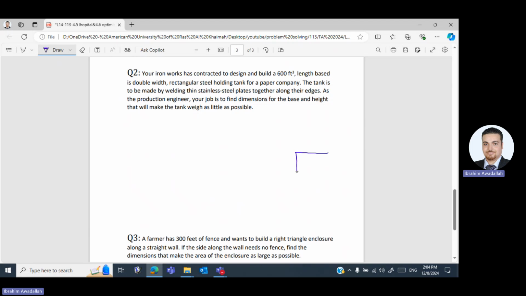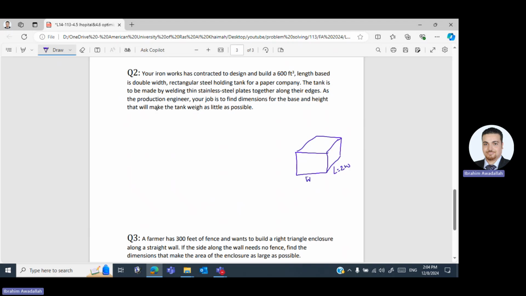This is the length, let's say this is the width W, and the length is equal to 2W.